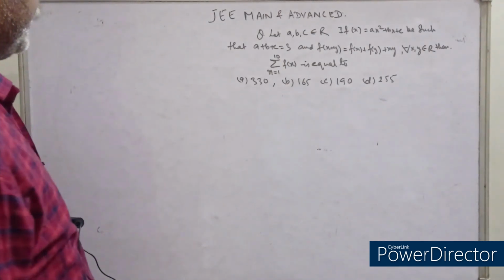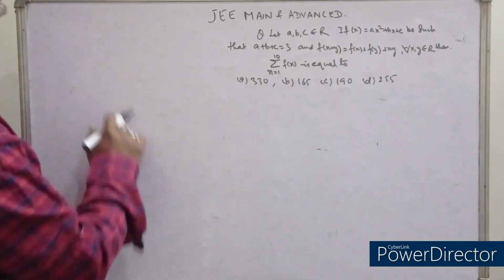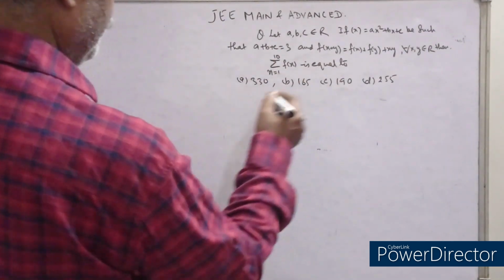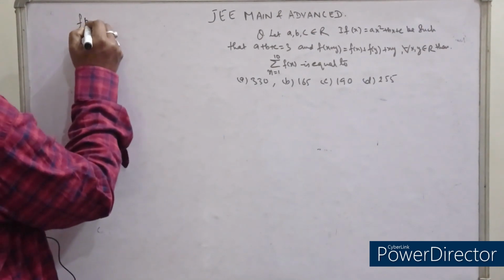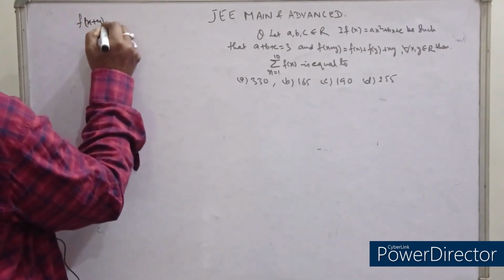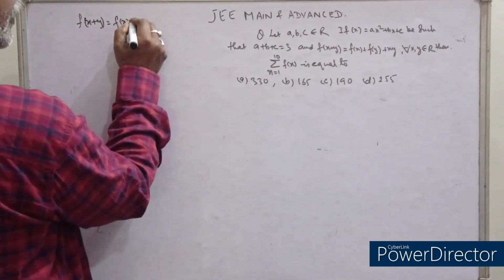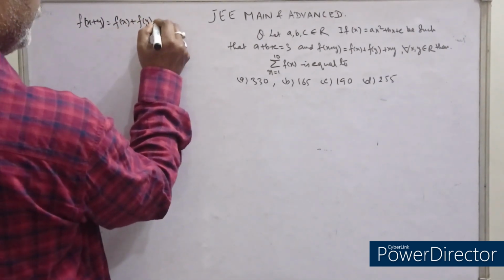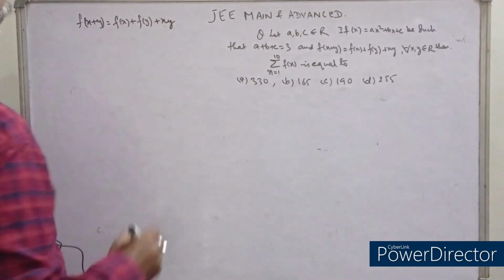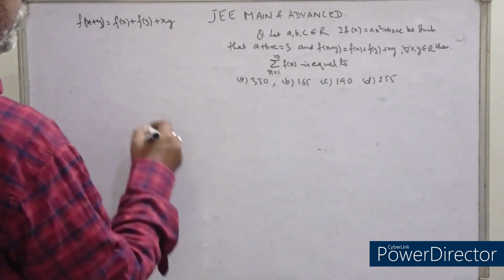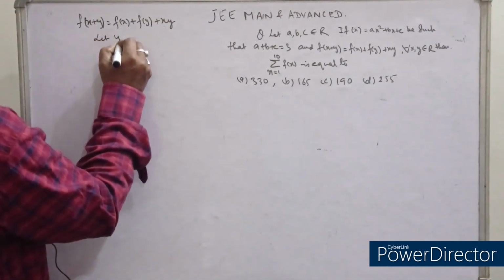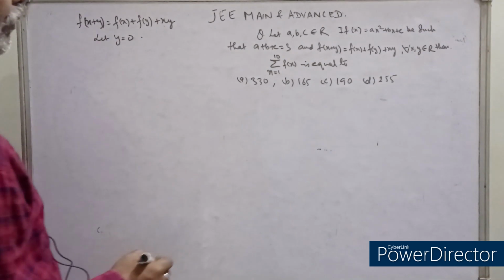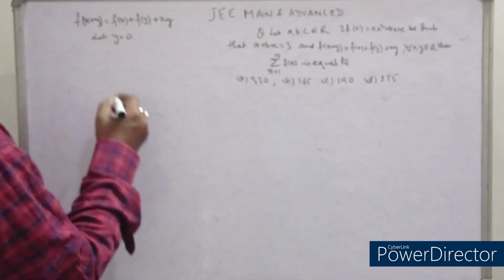Now look at this question. Here you see that f(x plus y) is equal to f(x) plus f(y) plus x into y. Now let y be equal to 0.